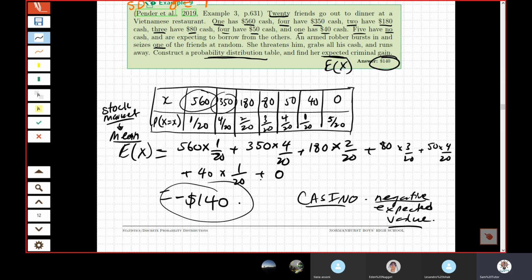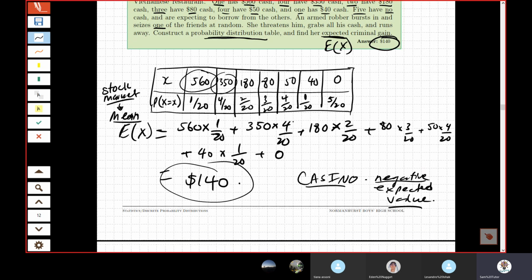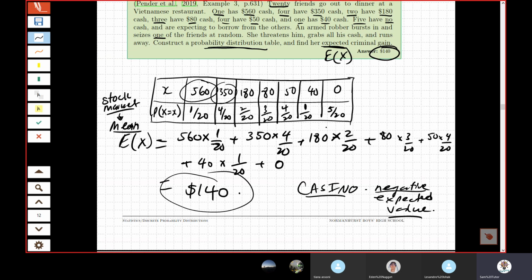So you're never going to win. Even if you win, you don't win. It's weird. You've got to understand expected value, but just so you know, casinos are pretty smart. They're all being calculated to make sure there's negative return, or negative gain, if you want to think of it like that. All right, all good.